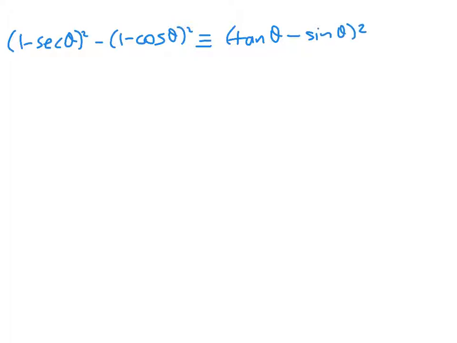Now we can expand out the left hand side and go as far as I can, and then do the same thing on this side and get them equalling each other. And that works. But I'm not going to do it that way.